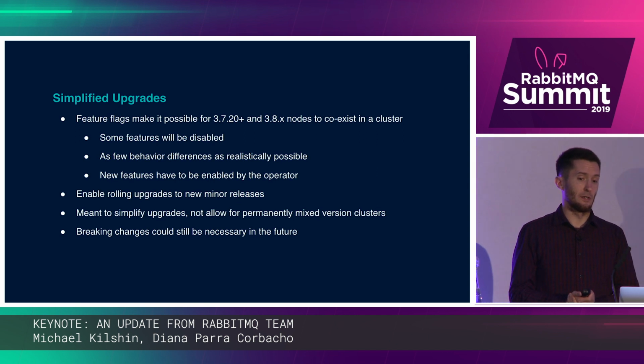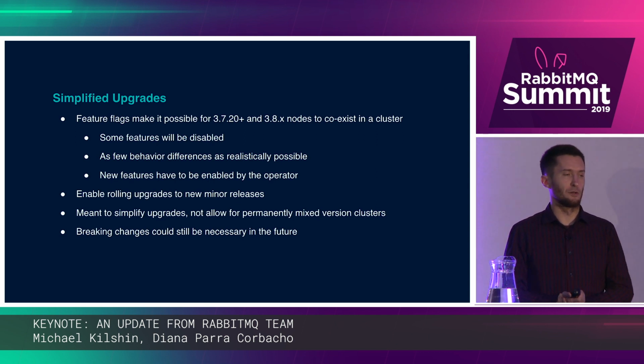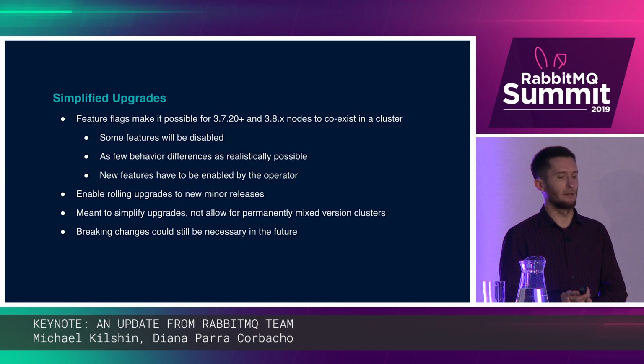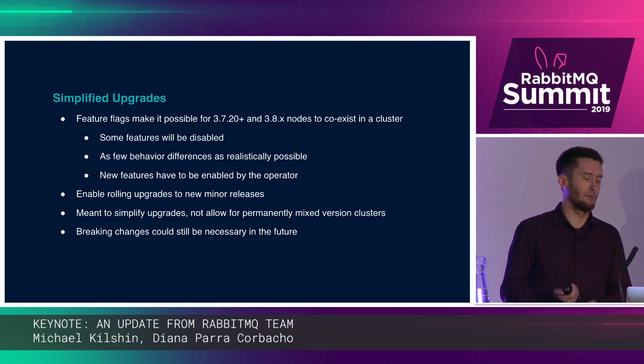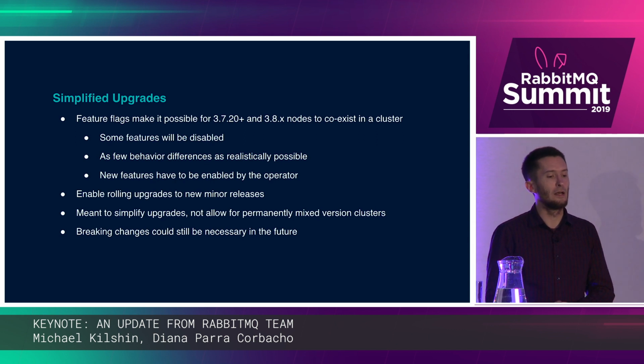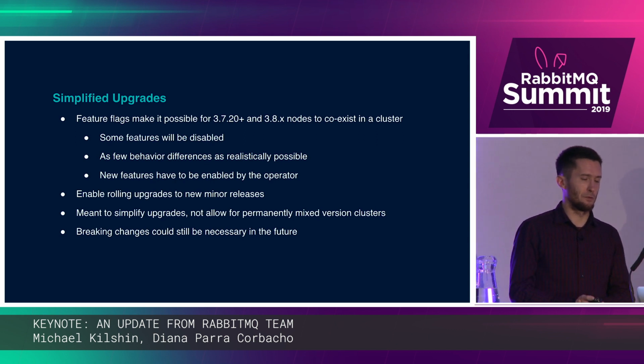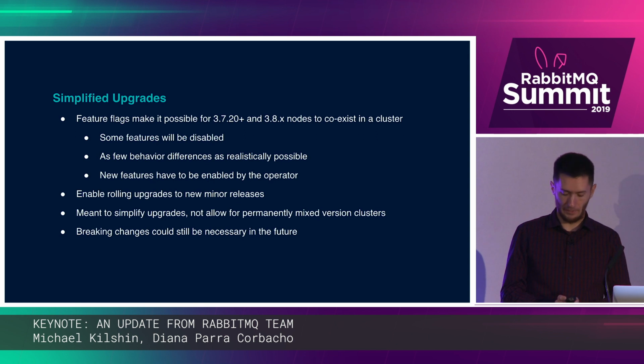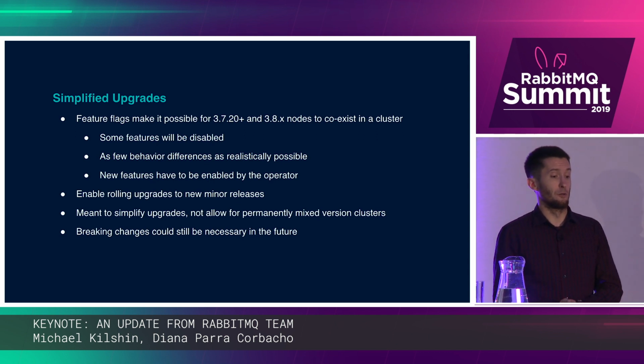And once all of the cluster nodes are upgraded and your deployment tool or maybe an operator manually enables certain feature flags, those new 3.8 features will become available on all the nodes. So this roughly works the way you would expect.